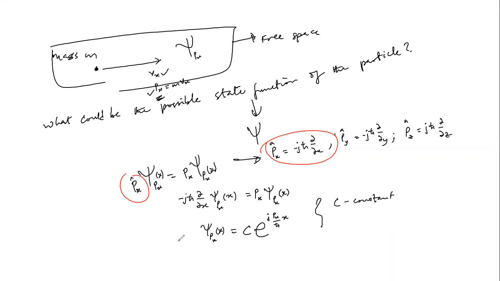Hence, the probability density function, PDF, which is the mod squared of the state function, will be the same as the square of C. Note that the PDF is a constant independent of x because the constant is independent of x.